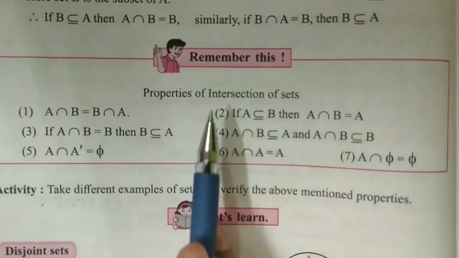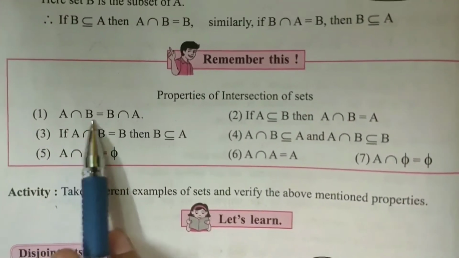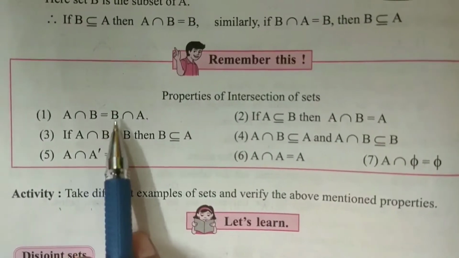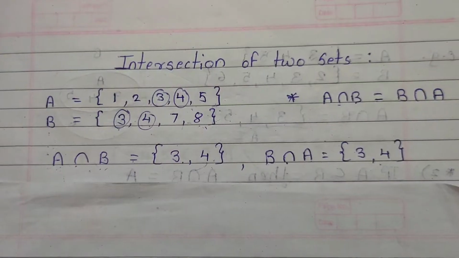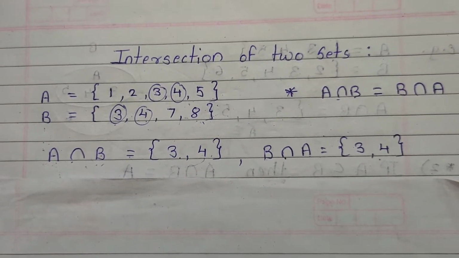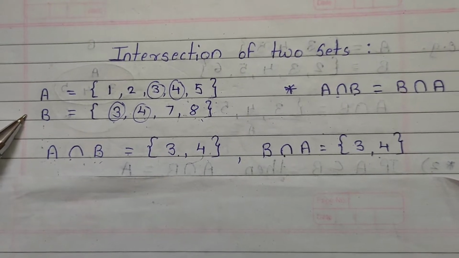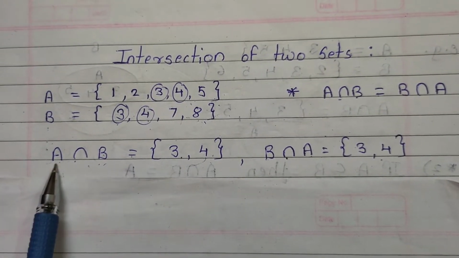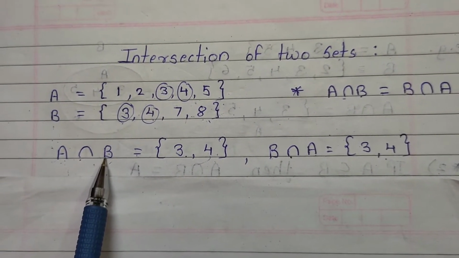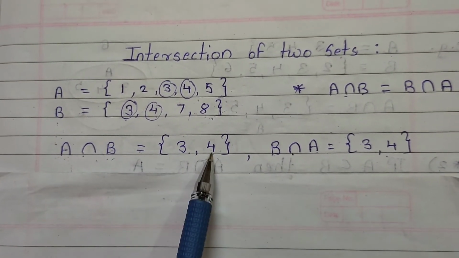Let's learn the properties of intersection of sets. First property is A intersection B is equal to B intersection A. To understand the first property, let's come back to our previous example where we have set A and B and we have find the value of A intersection B, means the common element of A and B, that is 3 and 4.